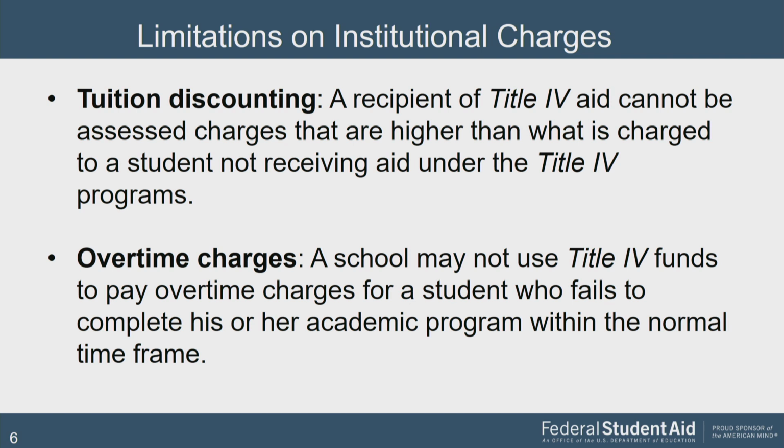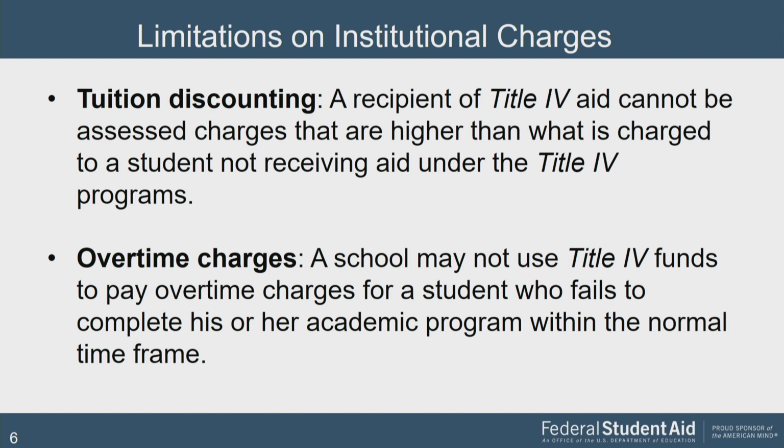So the second type of prohibited charges are overtime charges, and these are charges that the school makes for a student who fails to complete their academic program within the normal time frame. The most common place that we see these are in certain clock hour programs, where a student has a specific time frame where they're expected to complete their program, but after that, the student incurs additional charges.